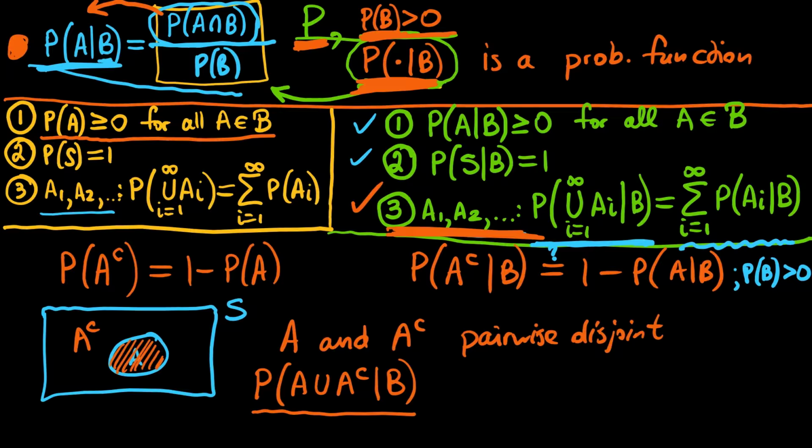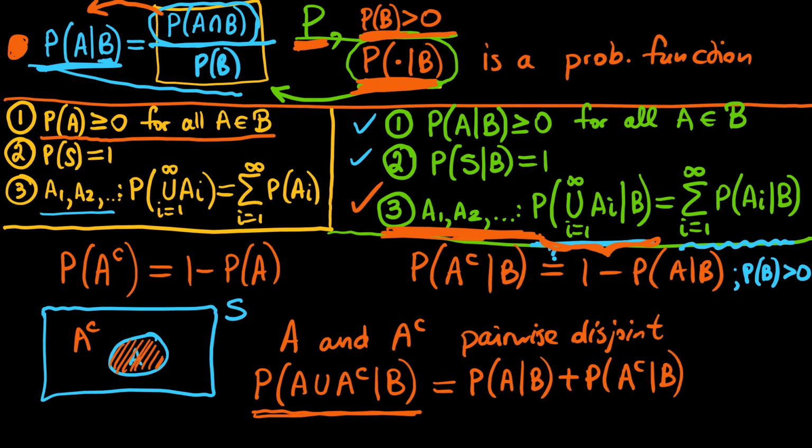Well, axiom 3 for conditional probability says that the part on the left, which is what we got written down here, will equal the sum of the individual conditional probabilities: the probability of A conditional on B plus the probability of the complement of A conditional on B.